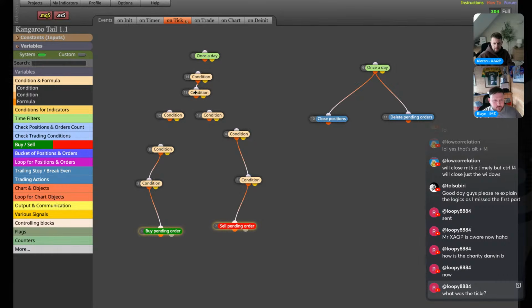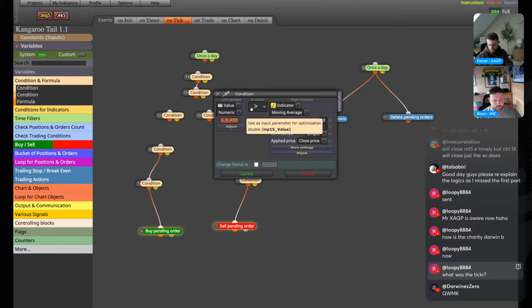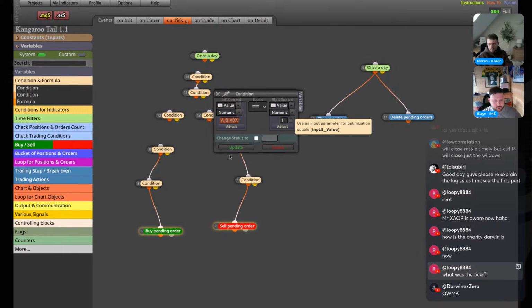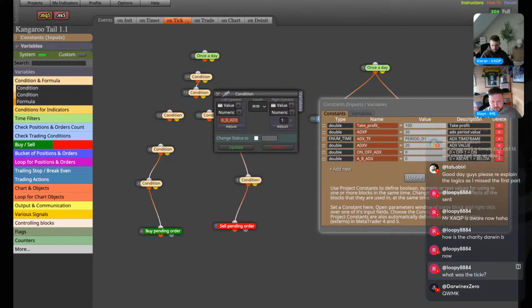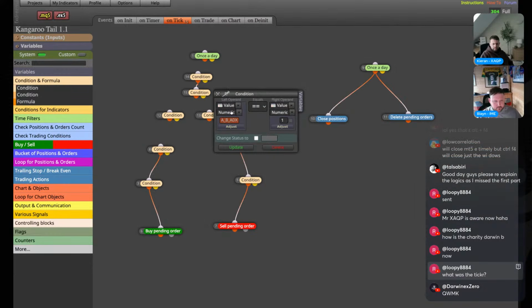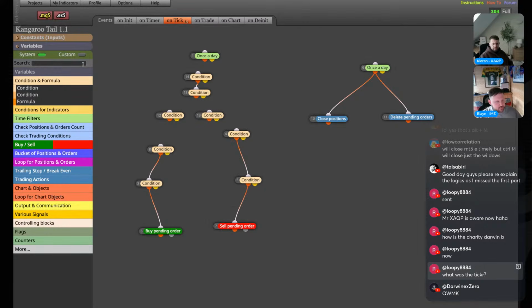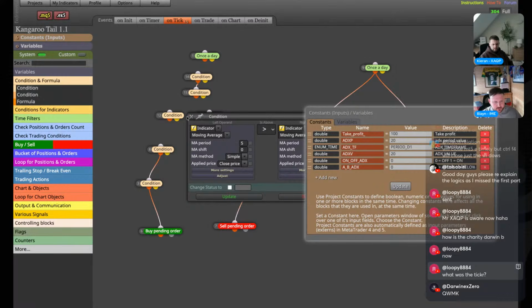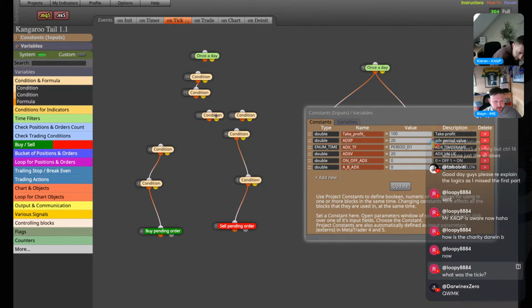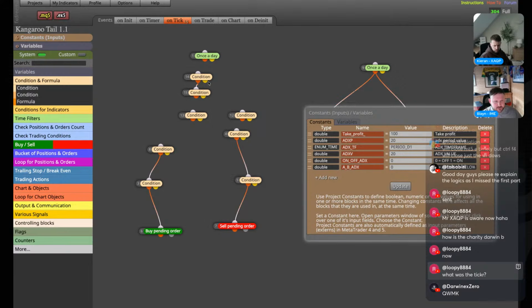Again, we then need to say, okay, do we want it above or below? So let's have a look at the conditions again. Above is 0 and below is 1. Above was 0? I just misunderstood myself. Above is 0. So let's switch here and that. Why is that not changed? This is doing weird things to me today.